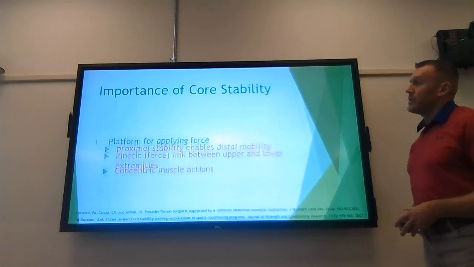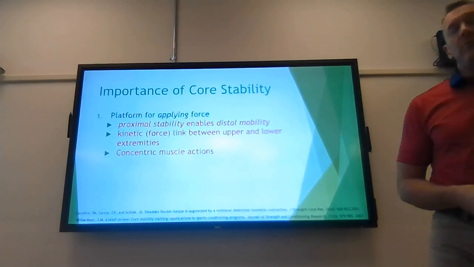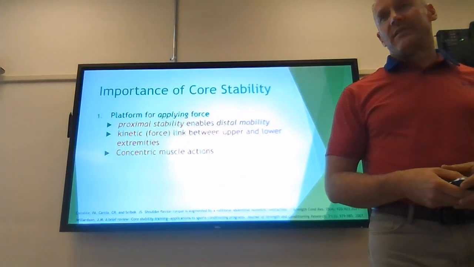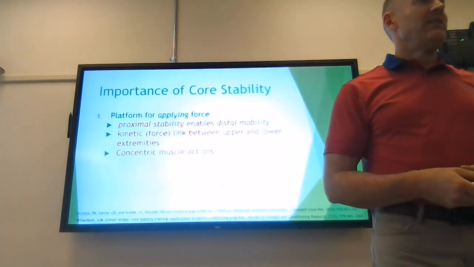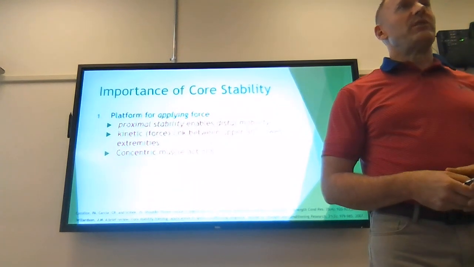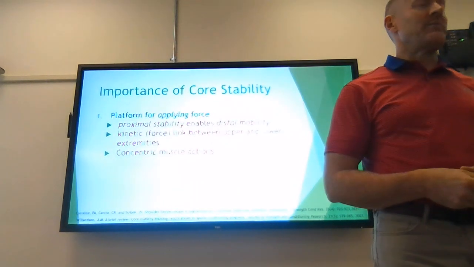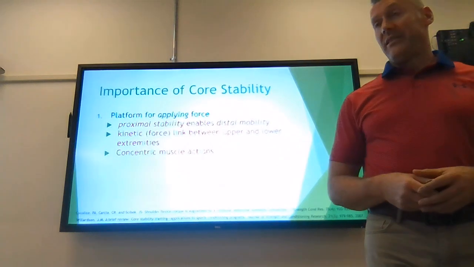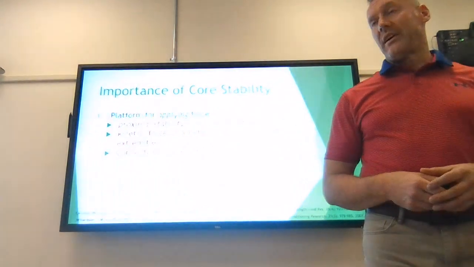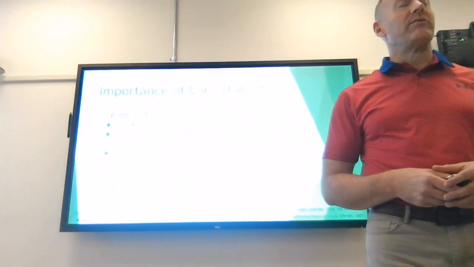So the importance of core stability. The first one has to do with a platform. It's a base, a foundation for applying force. So the center of your body has to be nice and stable, immovable, so that our limbs can produce greater force and power.